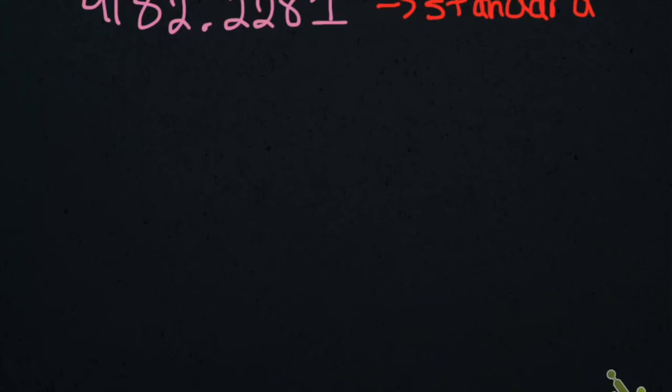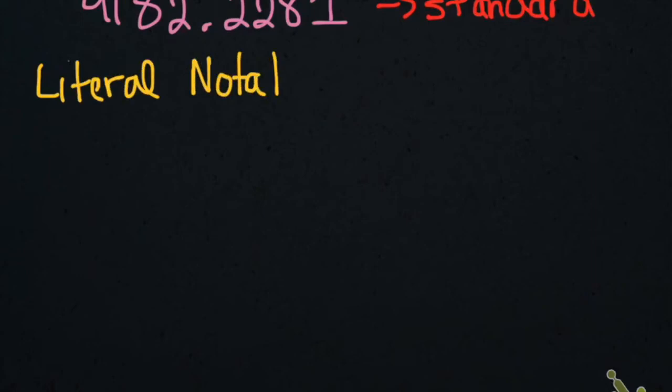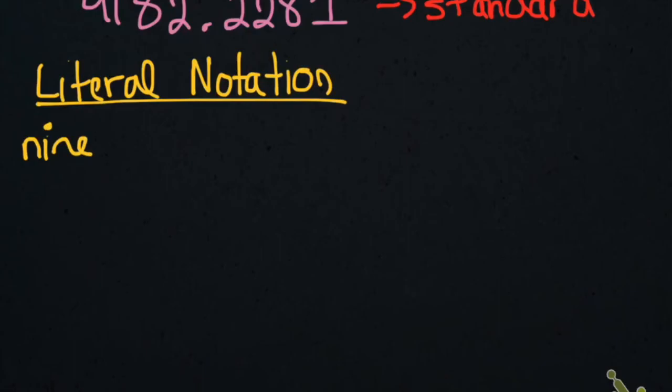So we're going to do, in a different color here, the literal notation of this nice number that I've given you here. We're going to write it out, 9,000. You can write and 82, but because of space, I'm just going to write 9,082.